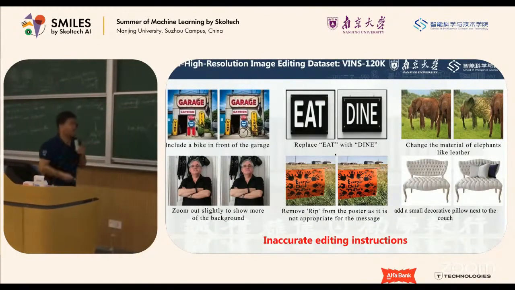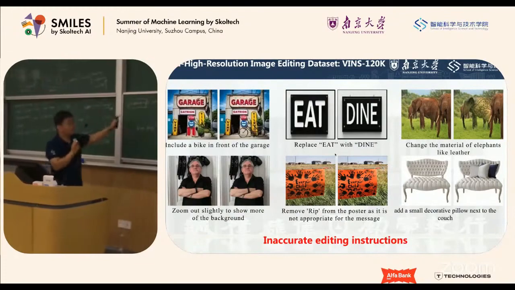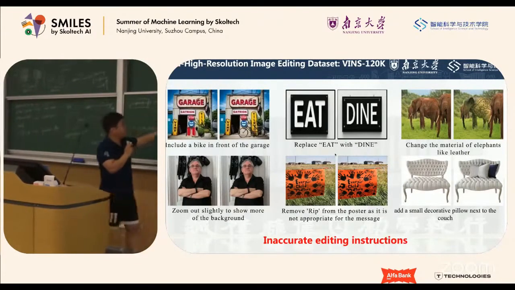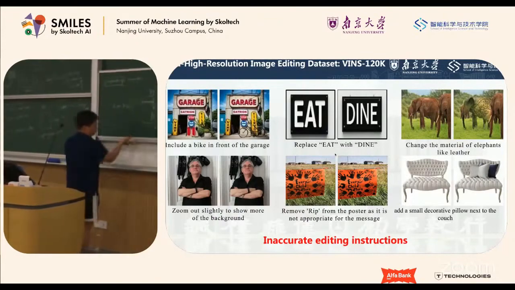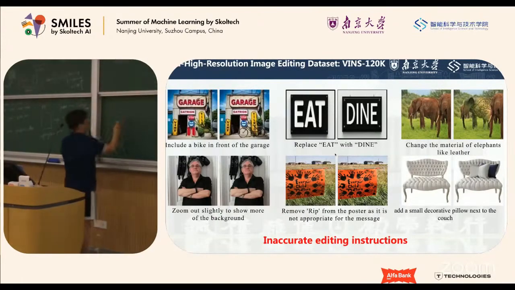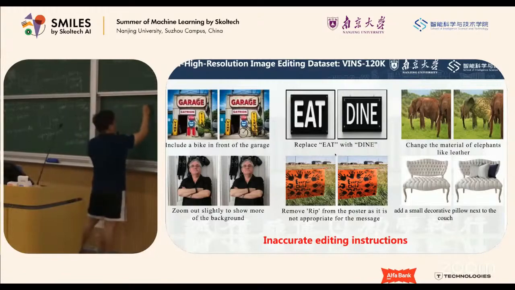For our training data for image editing, we have triplet elements. The first one is the original image, the second one is the instruction, and the third one is the GT image.